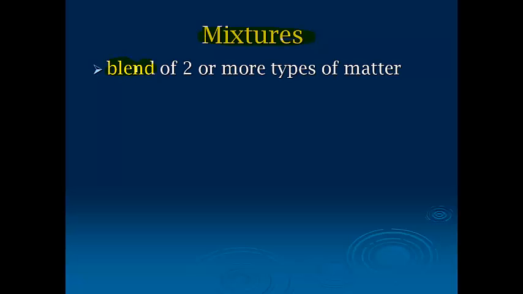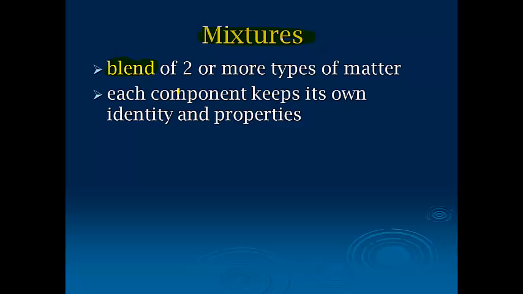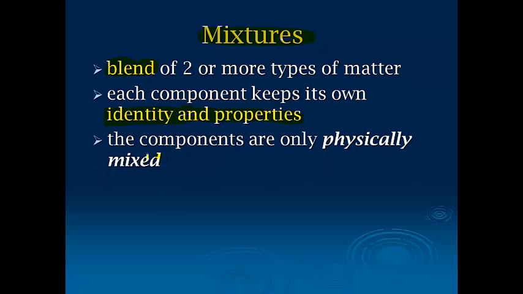So a mixture we are going to define as a blend of two or more types of matter. Okay, and when we mean blend, we mean that each component keeps its own identity and properties. So if you could separate them back out again, they would be exactly the same. And again, it's this whole idea that the components are only physically mixed together, not chemically.